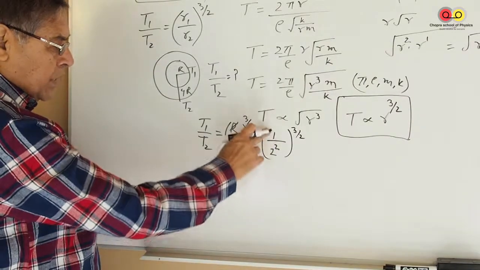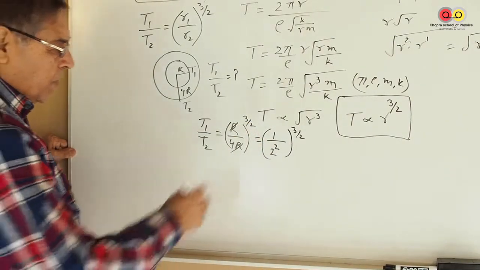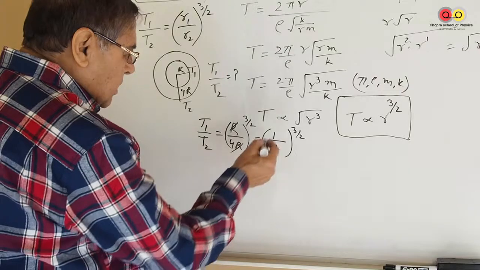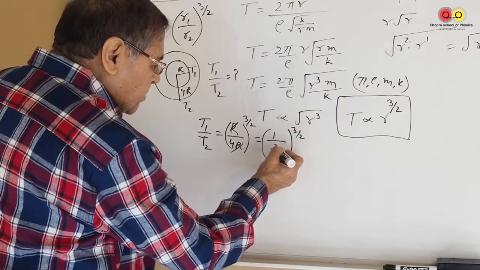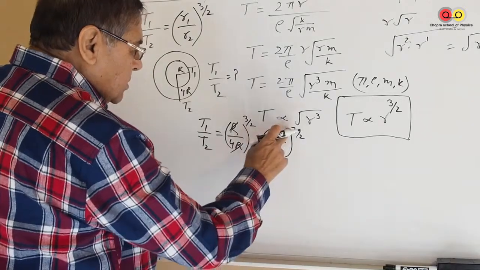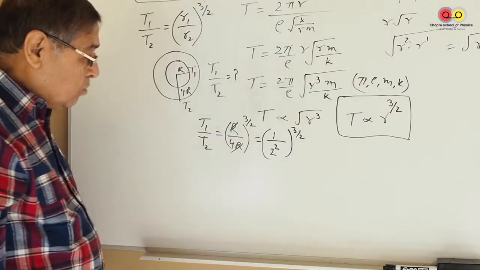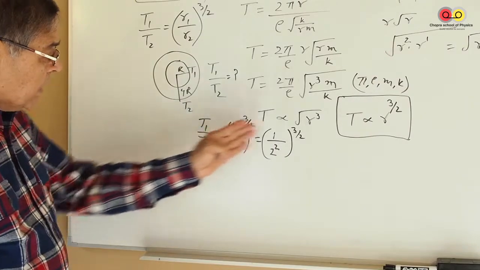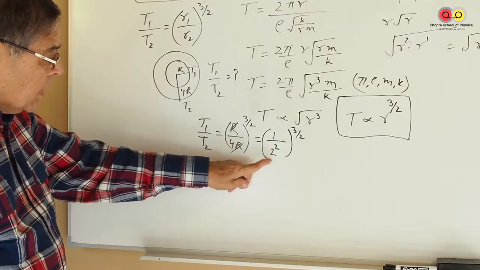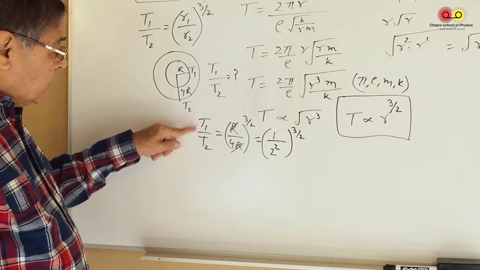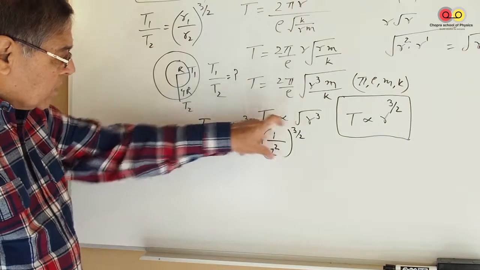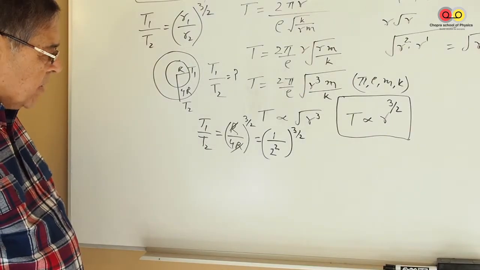Now this is 2 square. So what should we do? This is all a mathematical evaluation. We have written 4 as 2 to the power 2. Try to make the function in such a way that we get a proper number.